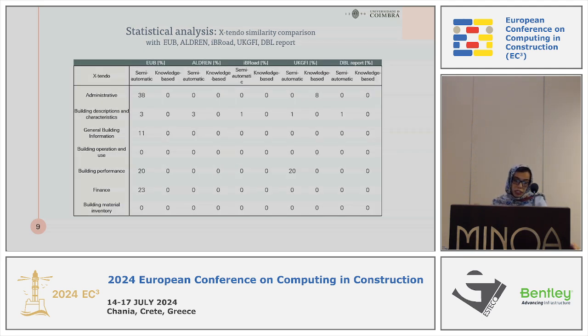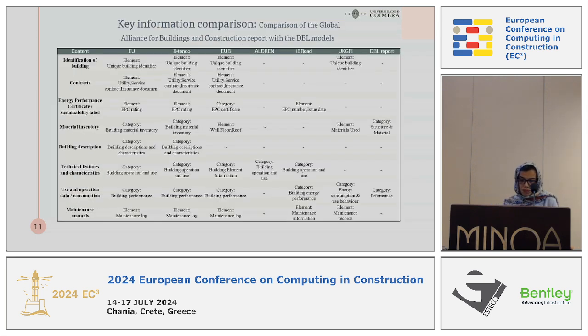And we did the same for the rest of the projects, we compare Extendo to the other projects, and you can see again administrative information has a higher similarity percentage value with the EUB project, and overall Extendo, EUB and European Commission study are more similar together.